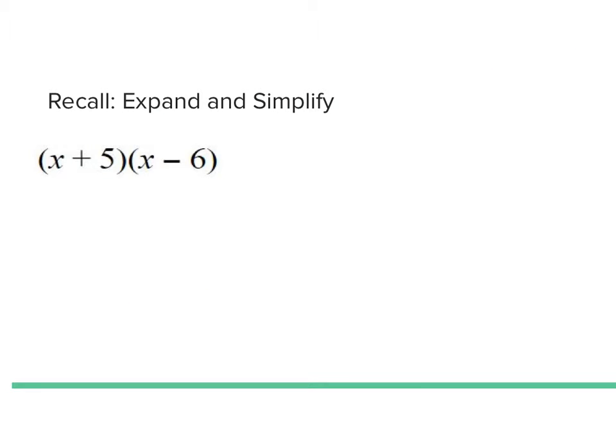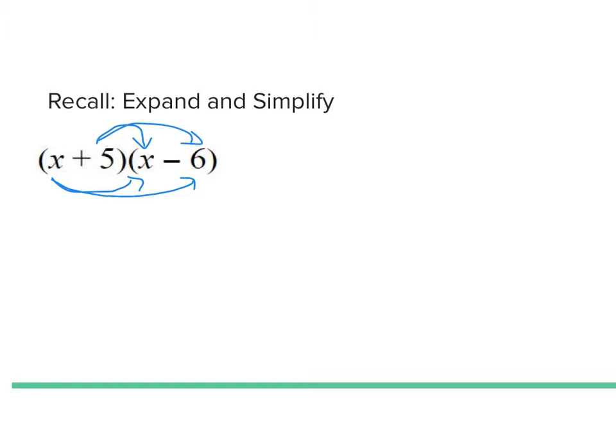Before we begin the factoring, let's remind ourselves how we expand and simplify two binomials. So remember, this is essentially the distributive law two times. We would do x times x, x times -6. So the first term times each of the terms in the other factor, and then the 5 times the x and the 5 times the -6.